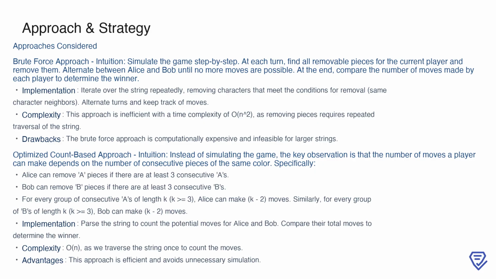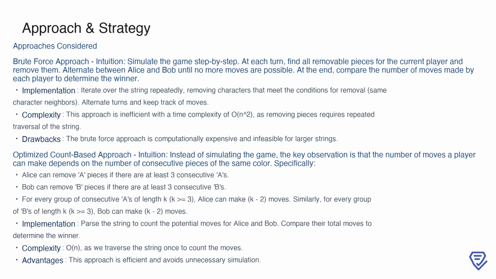Next, we have the optimized count-based approach, which avoids simulating the game altogether. Instead, we focus on a key observation: the number of moves a player can make depends on the number of consecutive pieces of the same color. For example, Alice can remove A pieces if there are at least 3 consecutive A's, and Bob can do the same for B pieces.